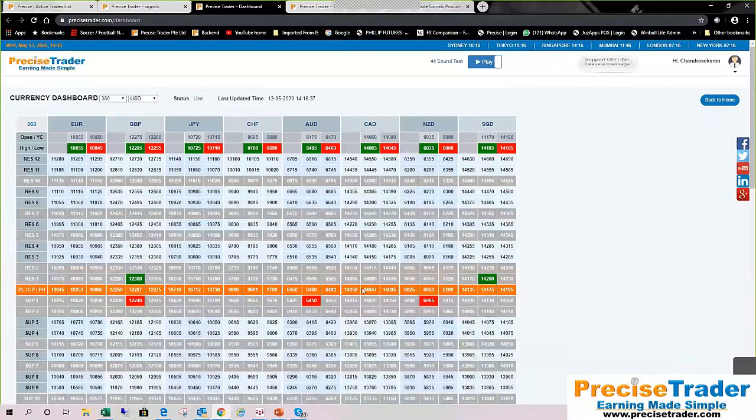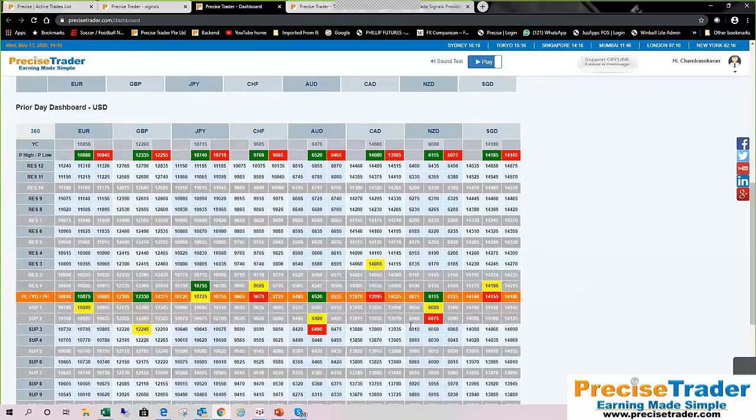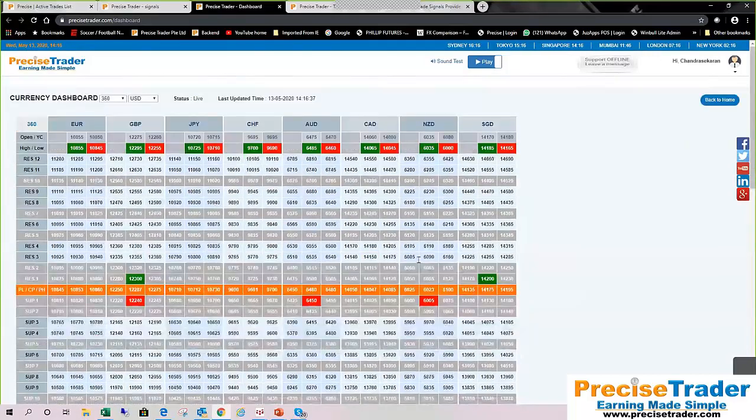So where is our pullback level? Right now the market is trading at 60.23. So we need to sell higher so that we can hold the trade.